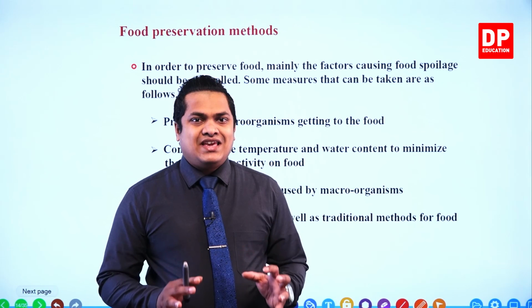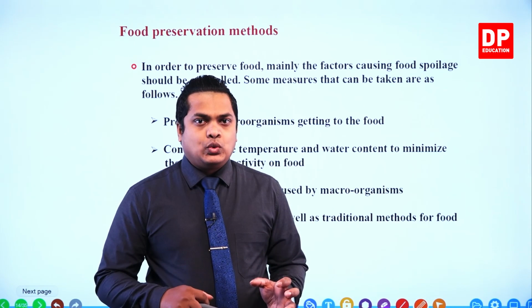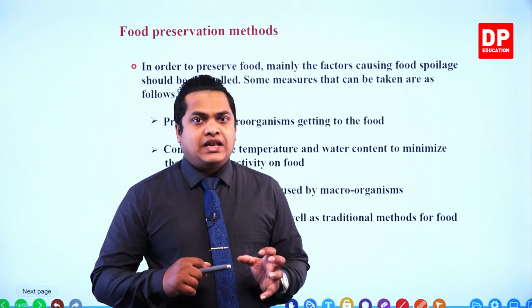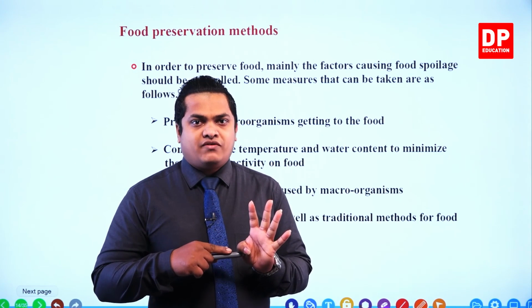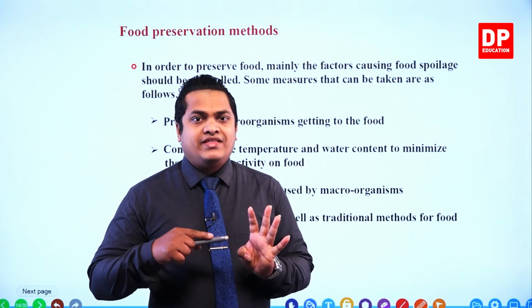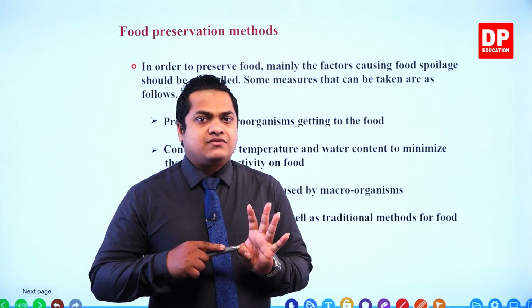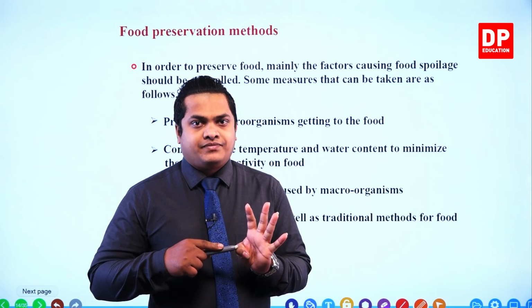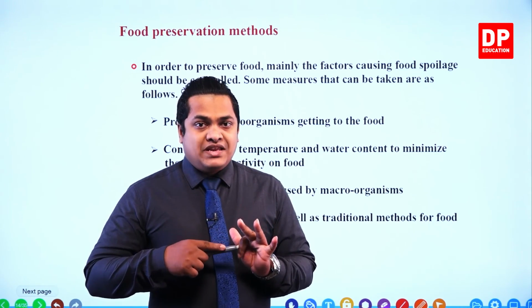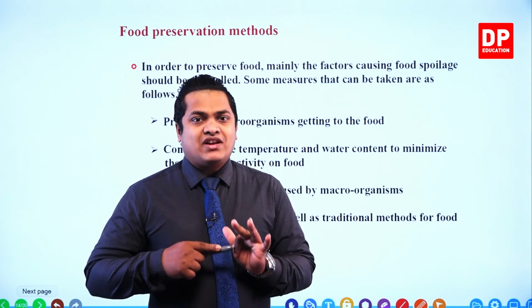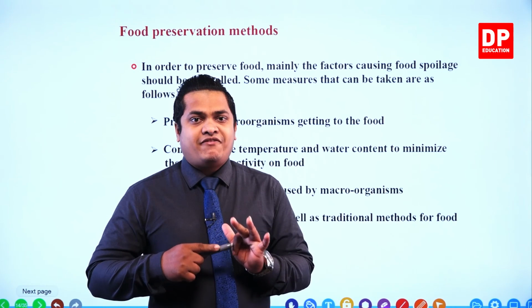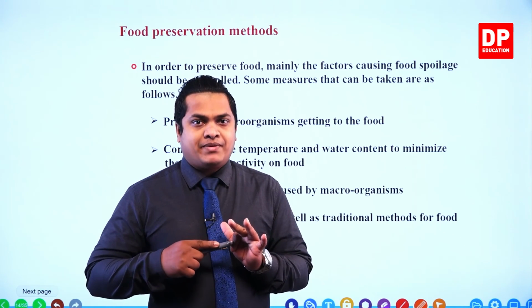So these are the key points that we can follow to stop the spoilage of food. What are the key points? Preventing the action of microorganisms by avoiding the contact of microorganisms with the food item. Minimizing the action of microorganisms by controlling favorable factors like moisture and temperature.